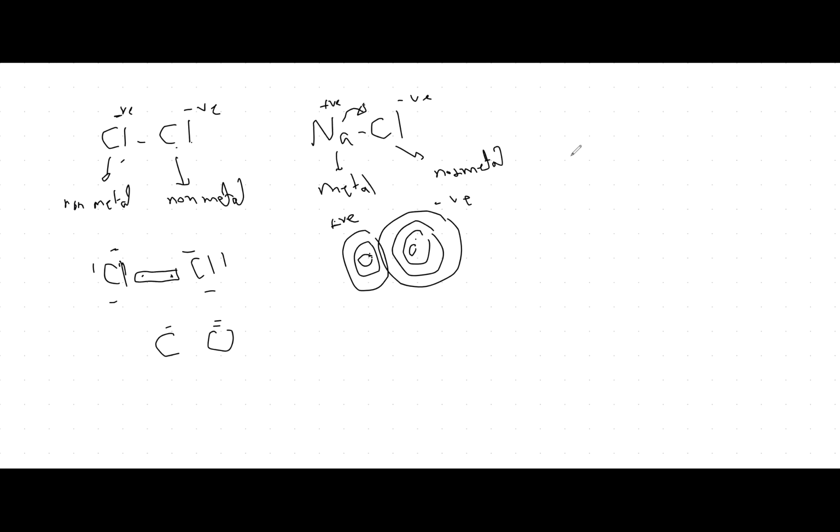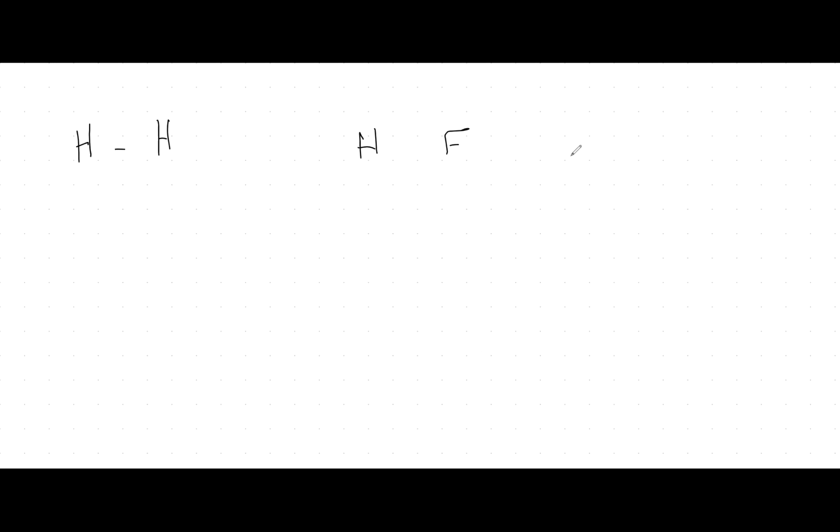I have here hydrogen and hydrogen, and here hydrogen and fluorine, and both of them, as I see, are covalent compounds. So what we are going to study now is whether we have a covalent compound or an ionic compound. If they have an ionic bond, they are ionic compounds for sure.